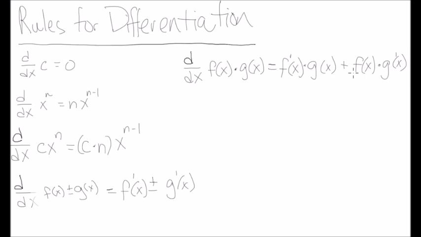Notice it doesn't matter which order you do them in. It's the derivative of the first times the second plus the first times the derivative of the second. This is something that's a lot easier to see through examples, so let's go ahead and do a few.